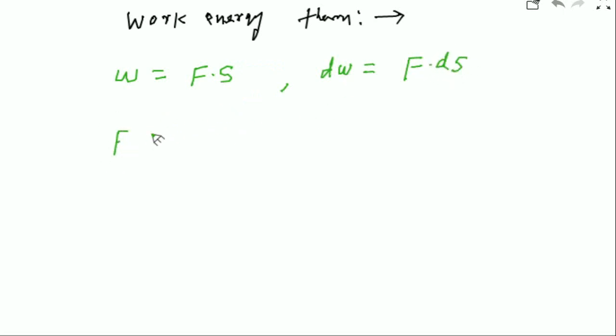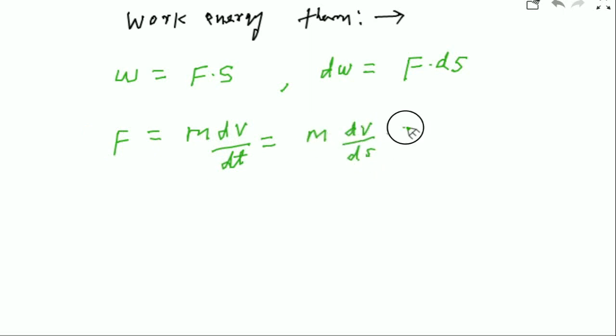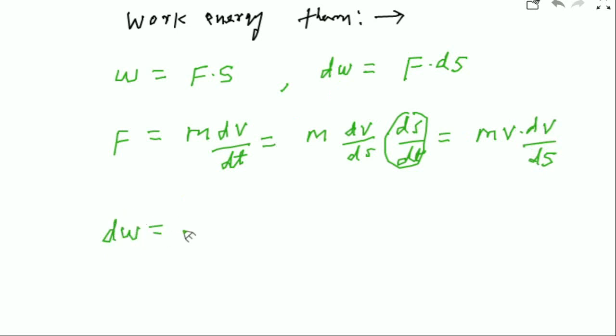The force you can write as m dv by dt, but here we don't need time, so just divide by ds and multiply by ds. So ds by dt will be v, so you can write m v dv by ds. Now replace it here: the work done dW equals m v dv by ds into ds.